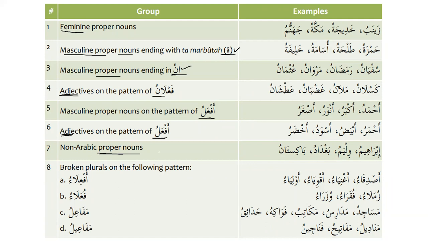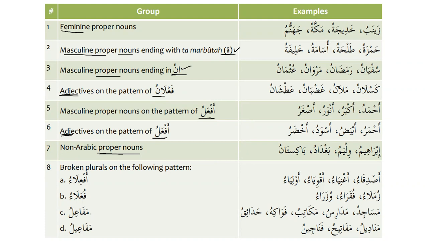Similarly, some patterns of broken plurals, for example, we have af'ila'u, and on the pattern of af'ila'u, we have asdiqa'u, aghniya'u, aqwiya'u, and awliya'u. They are also mamnu min as-sarf, or they are diptote. Fu'ala'u, on the pattern of fu'ala'u, we have zumala'u, fuqara'u, and wuzara'u.